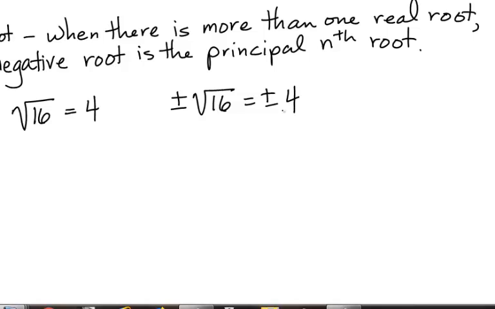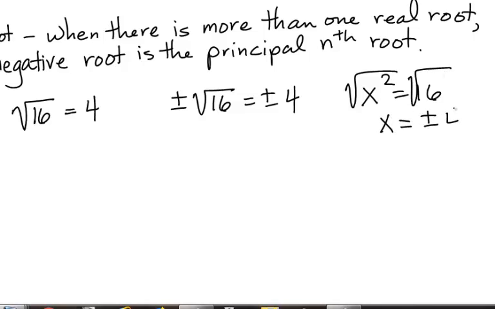Then if they put x squared equals 16 and say solve that, and you take the square root of both sides, then they're considering positive or negative 4. But the principal nth root would be the non-negative one.